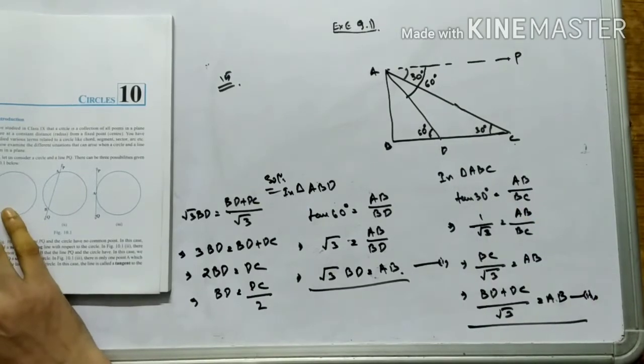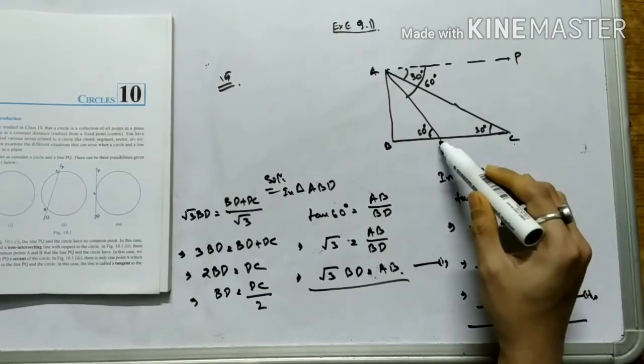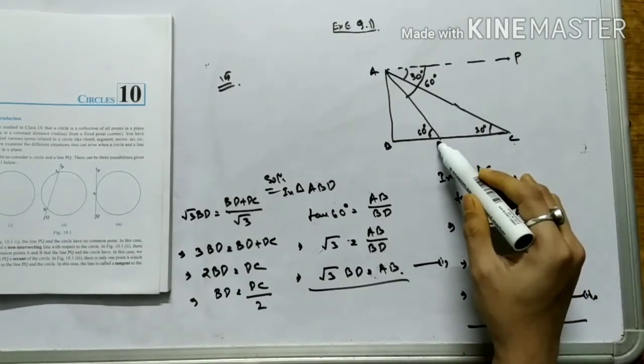Wait a minute. Find the time taken. 6 seconds later, the angle of depression of the car was found to be 60 degree. So from here to here, find the time taken by the car to reach the foot of the tower.